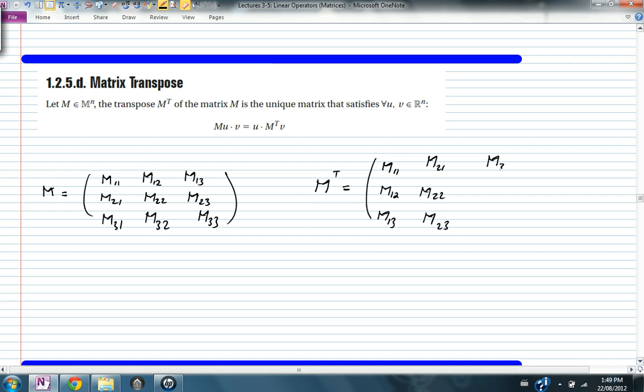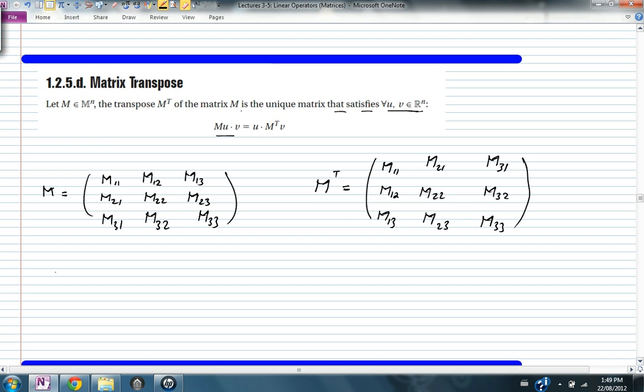However, you need to realize that this definition really only applies for Euclidean vector spaces. Of course, we are only working with Euclidean vector spaces here, but in general, the more abstract and the more general definition of the transpose of a matrix is defined as follows. The transpose of the matrix M is the unique matrix that satisfies the following. For every u and v in Rn, Mu dot v is equal to u dot M transpose v.